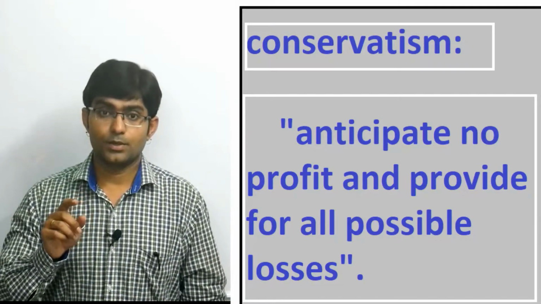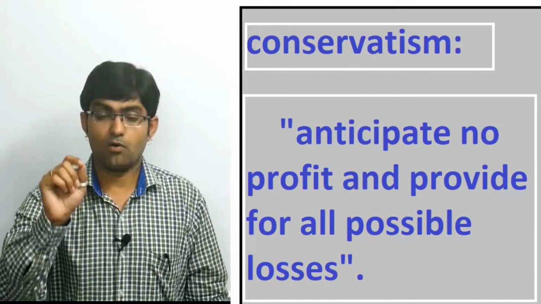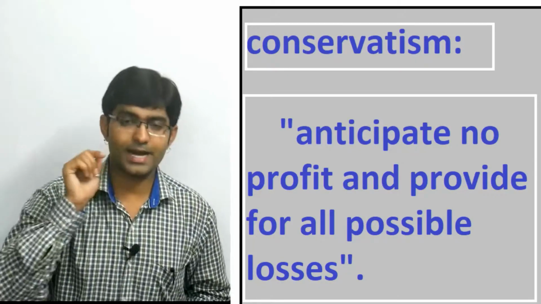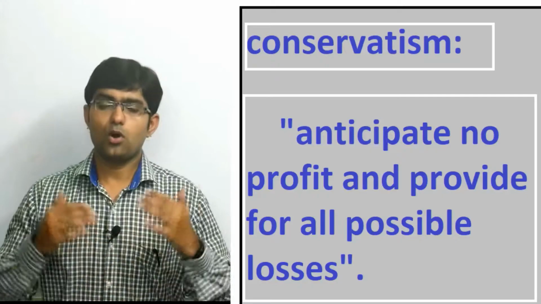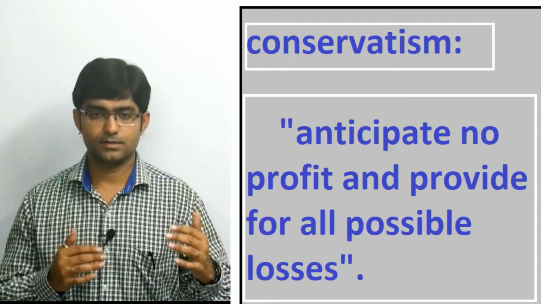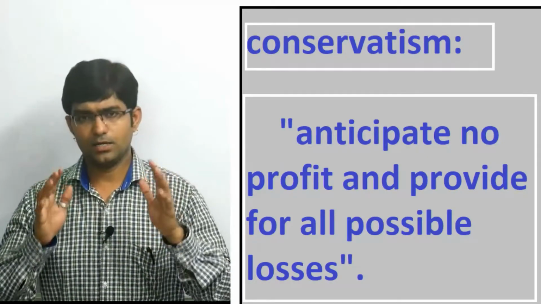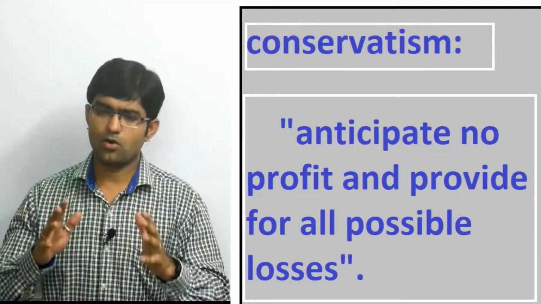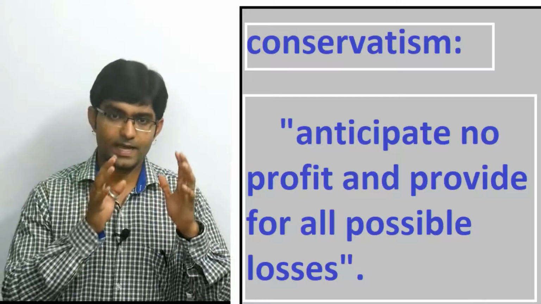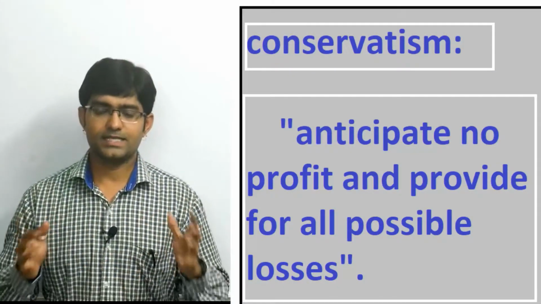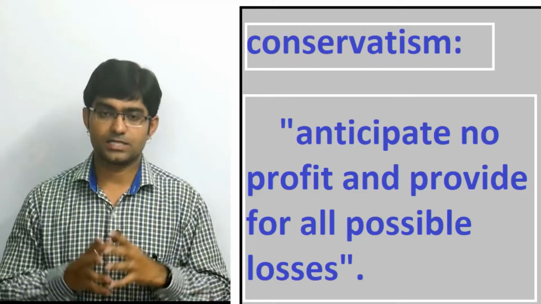But if there is a possibility of getting a loss, immediately consider that in your accounts. This means no doubtful income is considered in preparation of accounts, but any doubtful expenditure or any doubtful loss needs to be considered while preparing our accounts. This is about convention of conservatism.